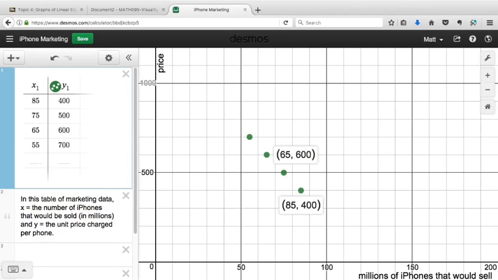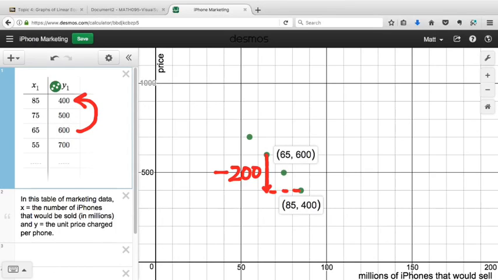So if I go from this market down to that market, what am I doing to the price of iPhones going from there to there? What's happening to the price? Decreasing by 200. So now we're looking at not a $100 price drop as we were before, but now we're looking at a $200 price drop.